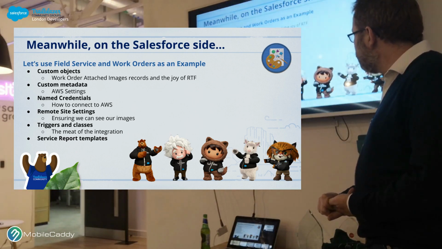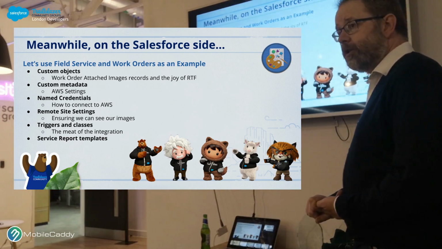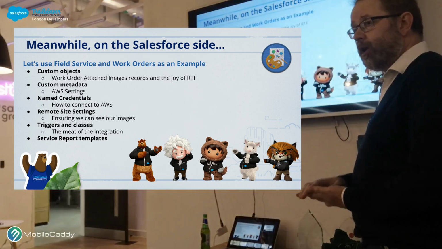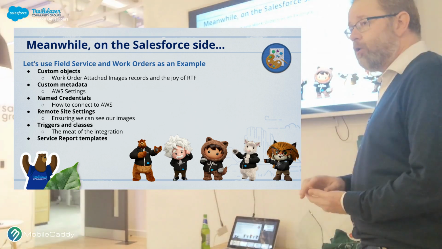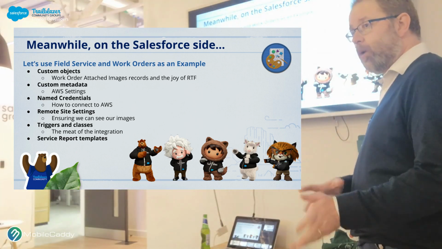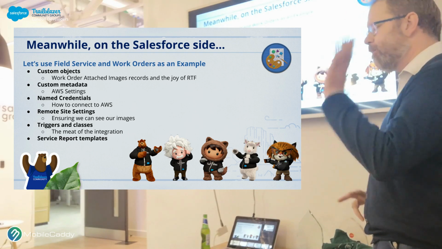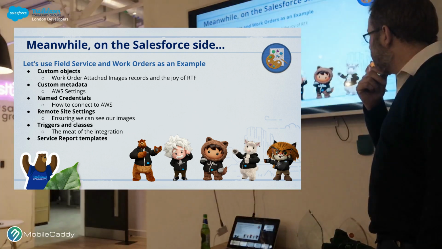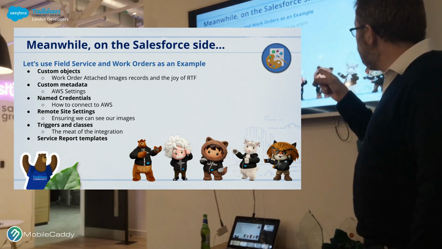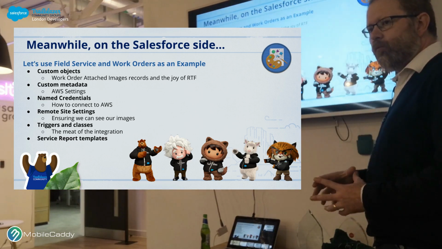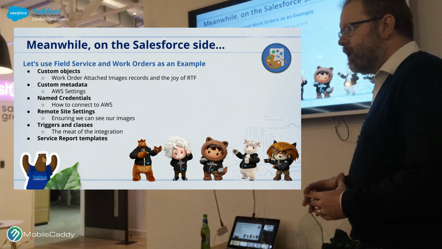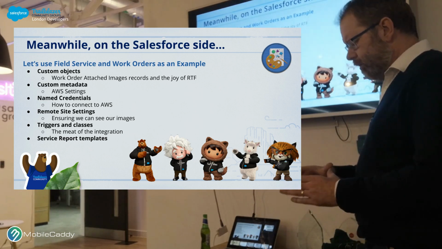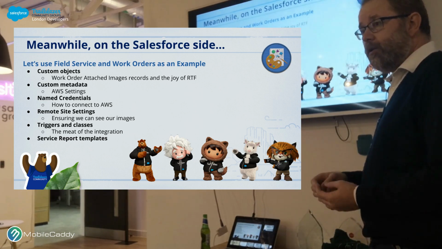And then the bulk of everything else is triggers and classes. So we have a trigger when a new file is attached to an object, and that's when we kick off our trigger handlers and processing and batch jobs and all the other fun stuff. And then finally, for this particular use case of Field Service, we have what's called service report templates. They're a funny bugger. They're not reports in the traditional Salesforce report sense.